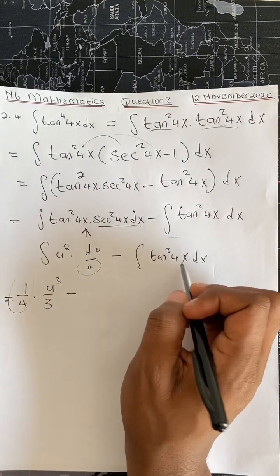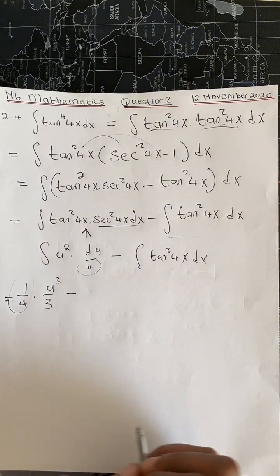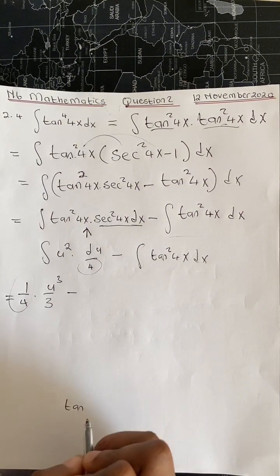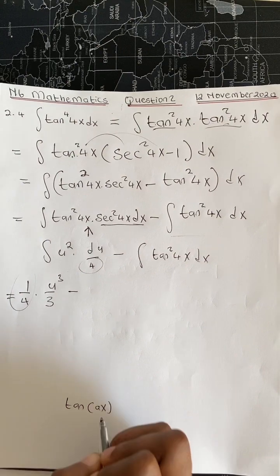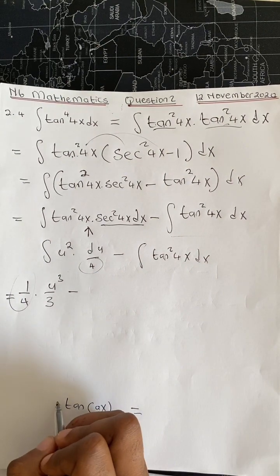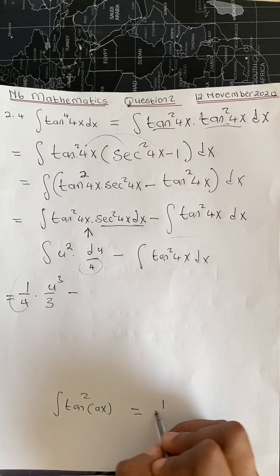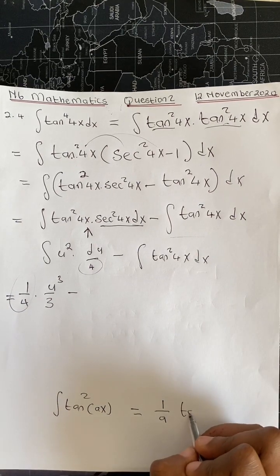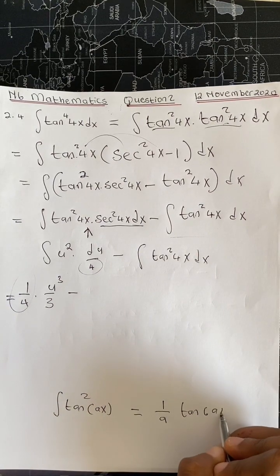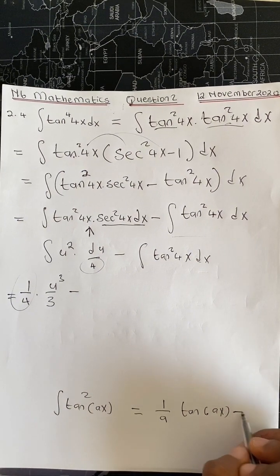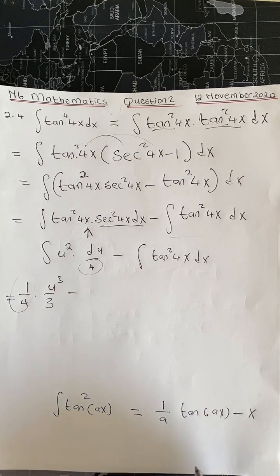And the integral of tan squared 4x, if I'm not mistaken, so the integral of tan squared ax will be equal to 1 over a tan of ax minus or plus, I'm not sure, so let's stick with minus x.